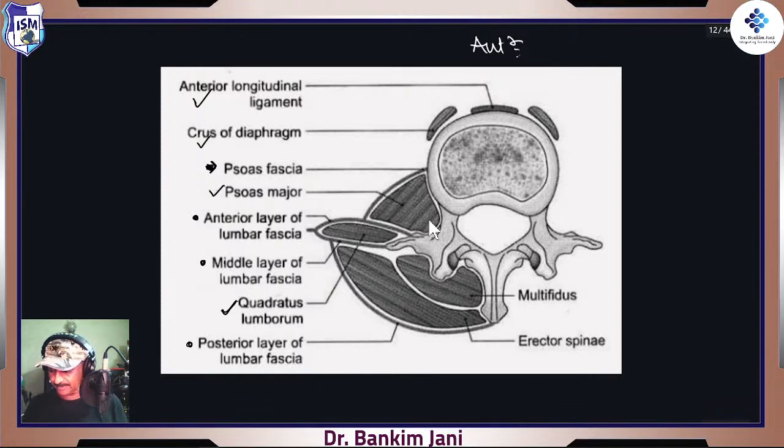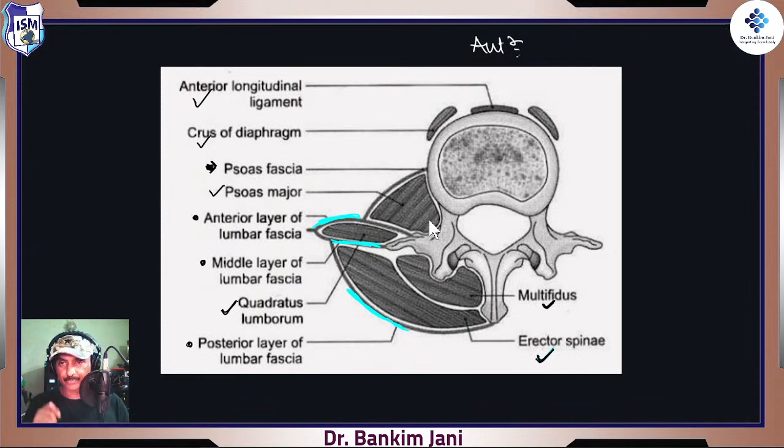It makes sense because here is the anterior layer, the one in between is the middle layer, and this one is the posterior layer, correct? Erector spinae, this is a muscle of the back. We'll be discussing it, and it would come. This multifidus, all those are back muscles. All of them will come.